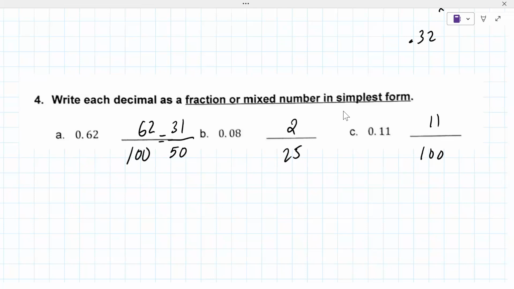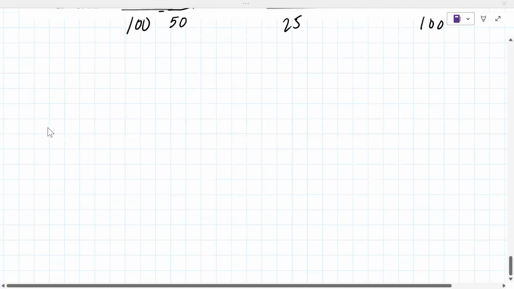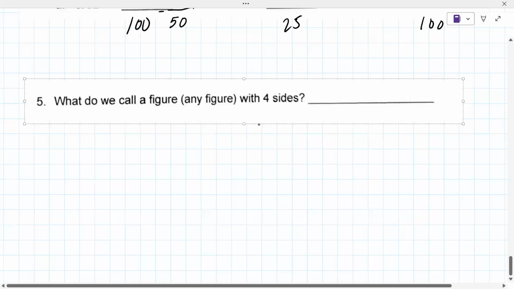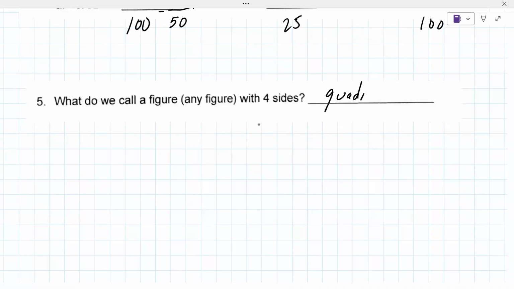What do we call any figure with 4 sides? A square? Nope, that's a subcategory. That's true, but there's 4 possibilities, and it's called a quadrilateral. There are 4 types of quadrilaterals.